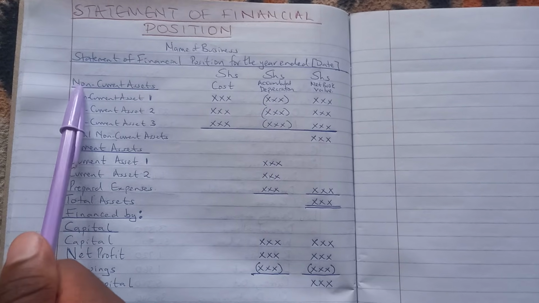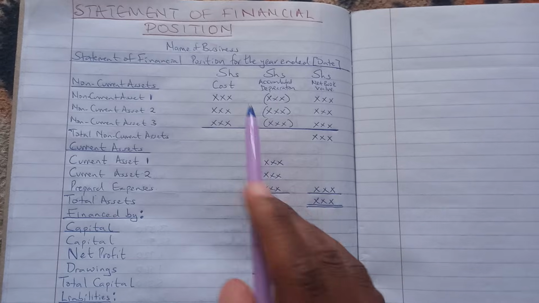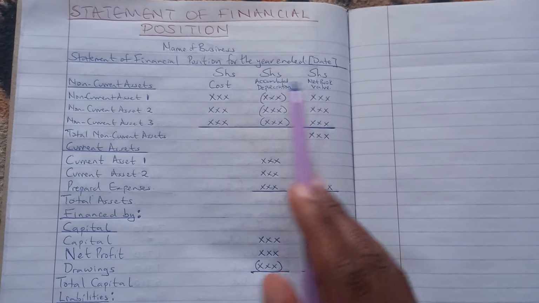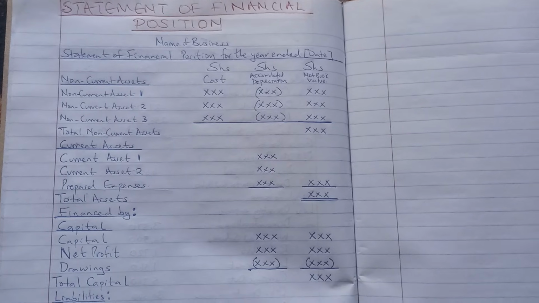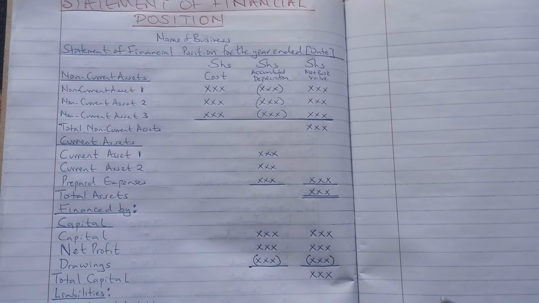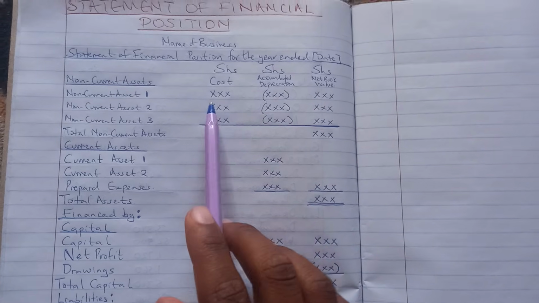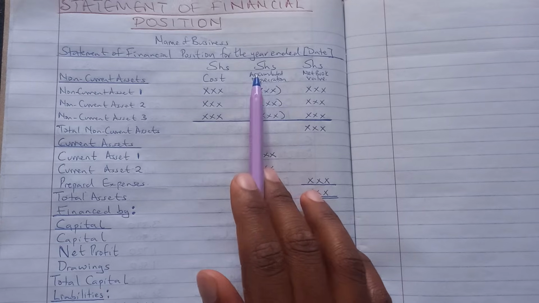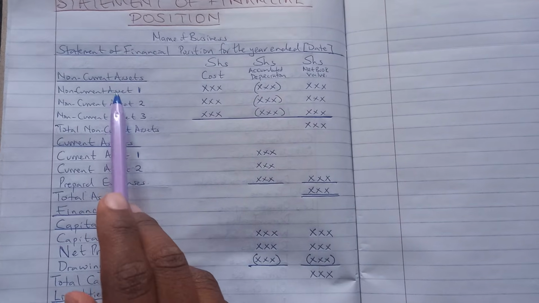So we start with the non-current asset. The non-current asset has a feature where we calculate the net book value of the non-current assets. Non-current assets are also called fixed assets. So we have its cost, and then we subtract the accumulated depreciation of that asset.